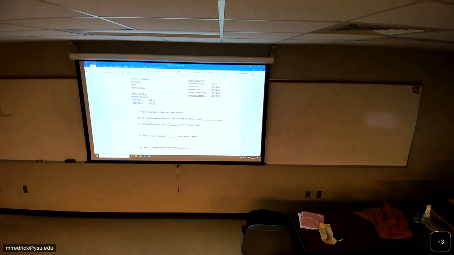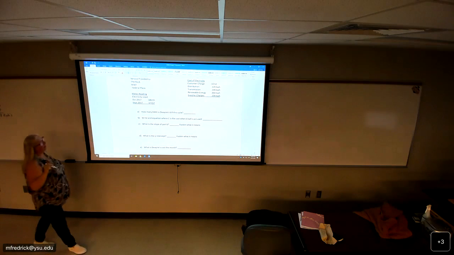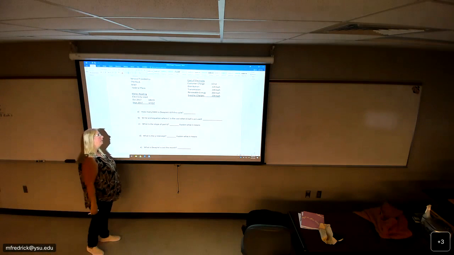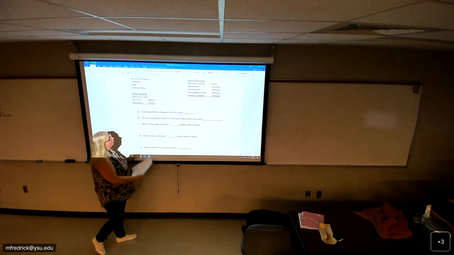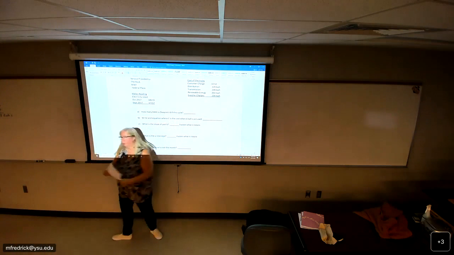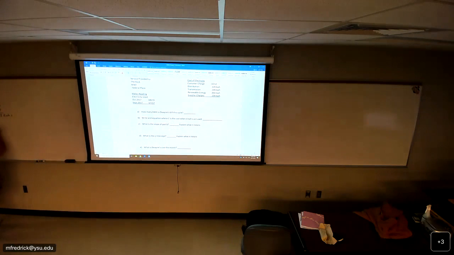So the total kilowatt hours were 1,050. It's up to you if you used X and Y or C and K for cost and kilowatt hours. B is your fixed cost.